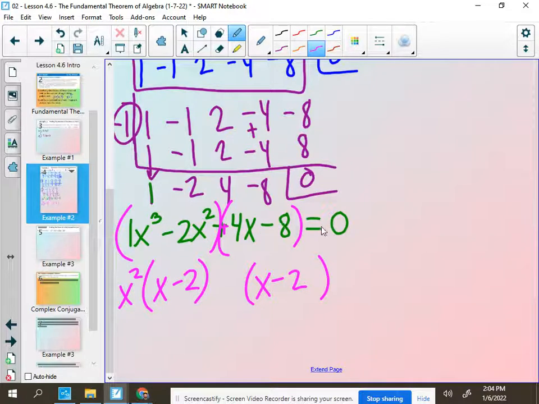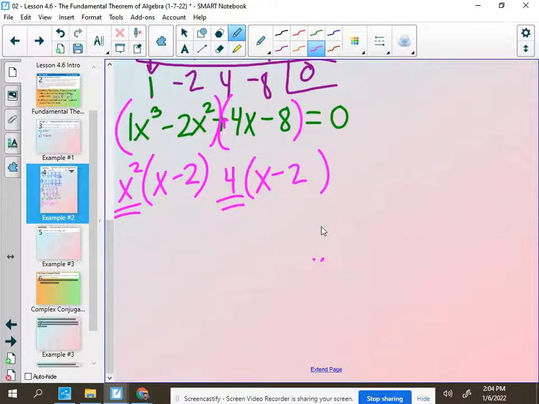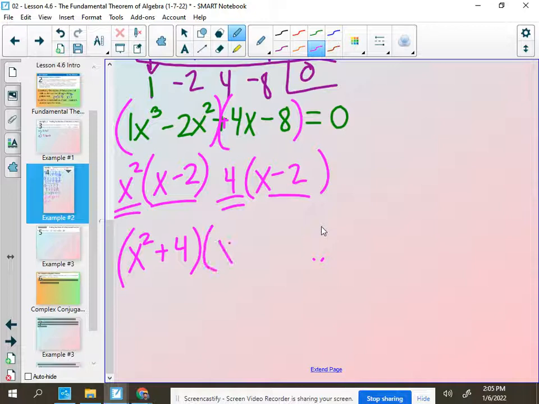That's already negative. So if I take out a 4, let's put those two together to finish the factoring. X squared plus, that's a positive 4, so plus 4. And then I remember I just used one of those as x minus 2. And we were still equal to 0 that whole time.